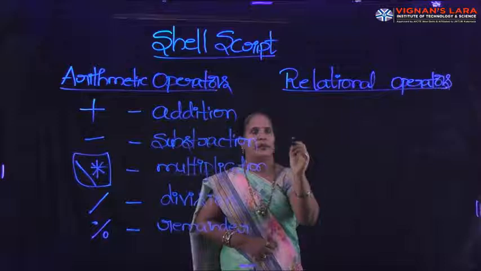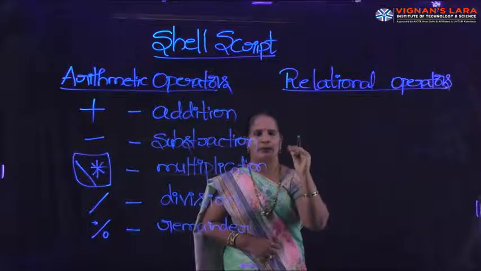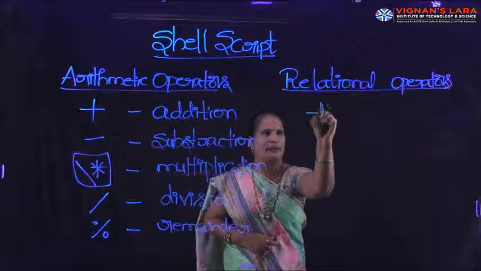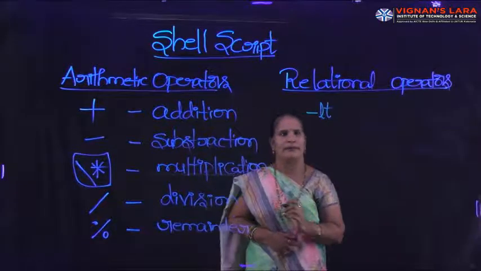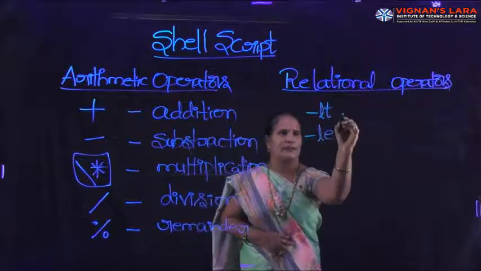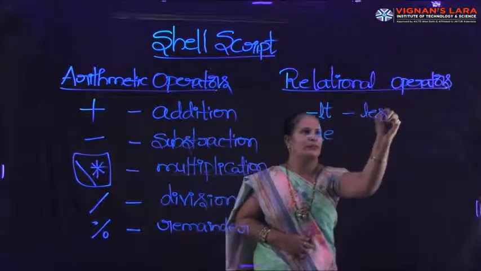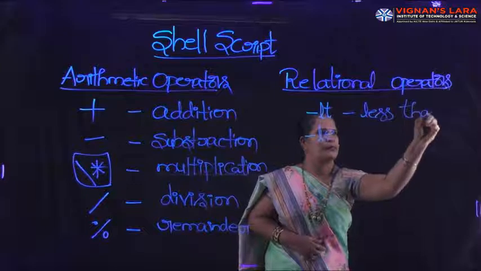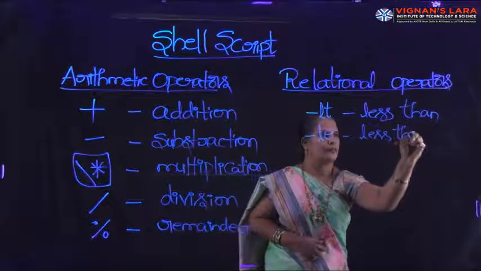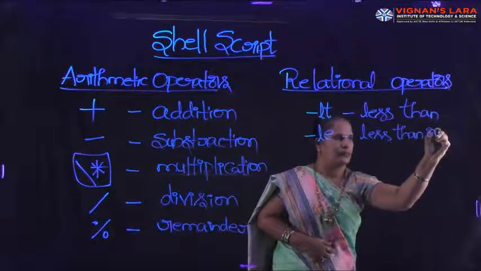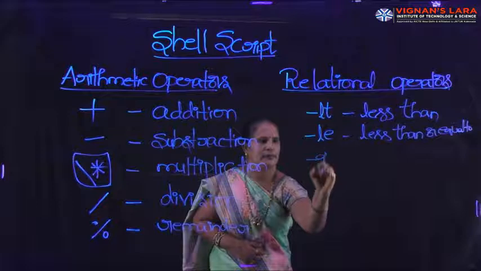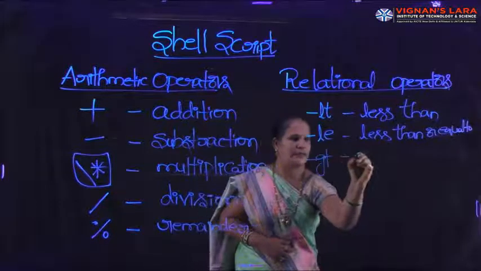In shell script, we have to substitute these symbols. Hyphen LT stands for less than. Hyphen LE stands for less than or equals to. Greater than is denoted by hyphen GT.